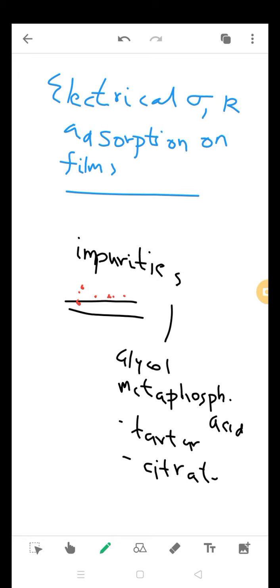All these adsorptions will have an effect on the resistivity rho.